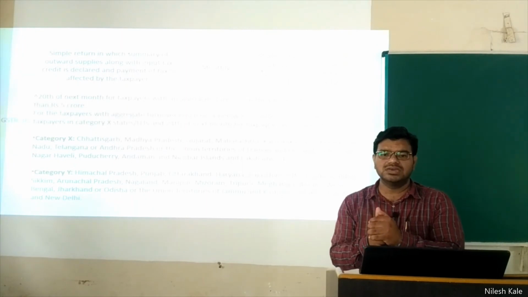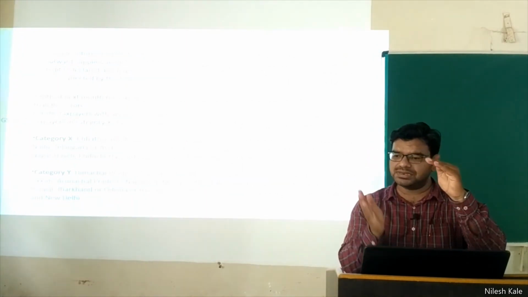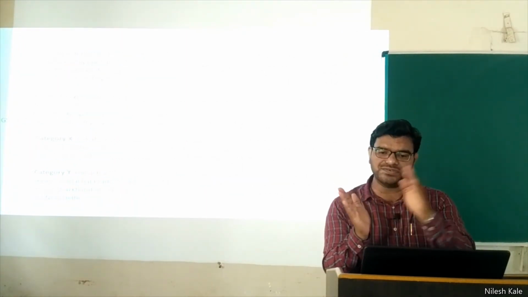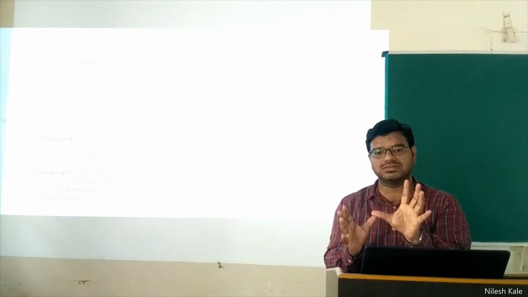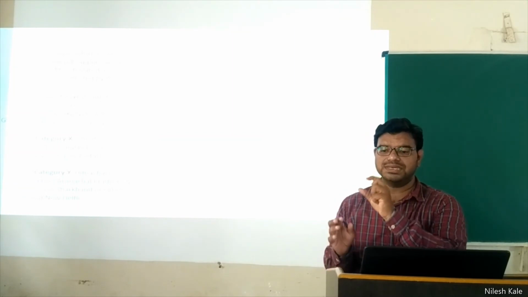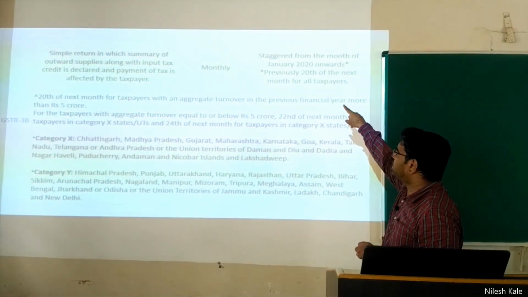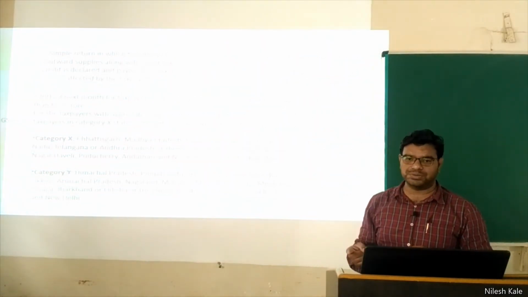What do you mean by this? See, from 1st September to 30th of September, whatever transaction I make, I can file these. The summary of these transactions will be filed on 20th of next month, that is October, right?